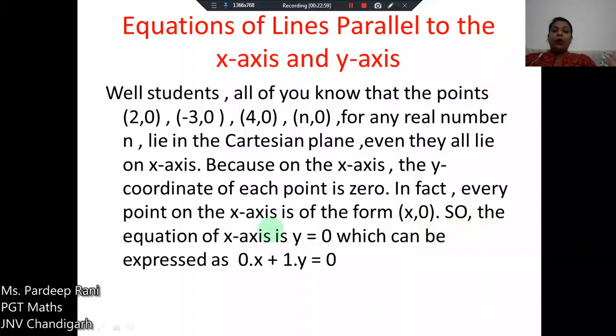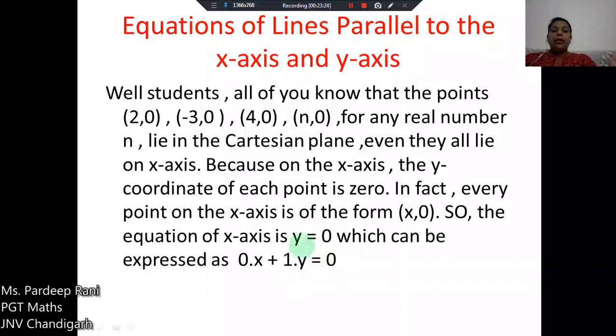So we can conclude it by saying that equation of x-axis is y equal to 0. But if we want to write it in the form of linear equation in two variables, then by writing the coefficient of x as 0, we can write it in the form of 0 into x plus 1 into y equal to 0.